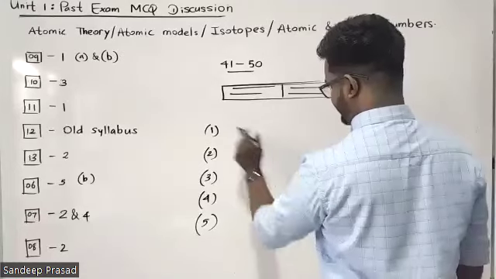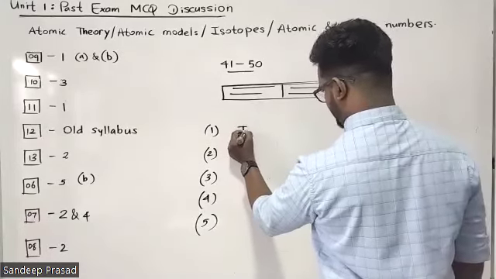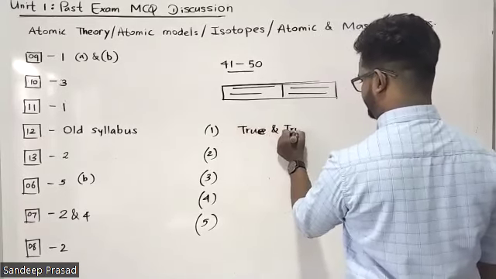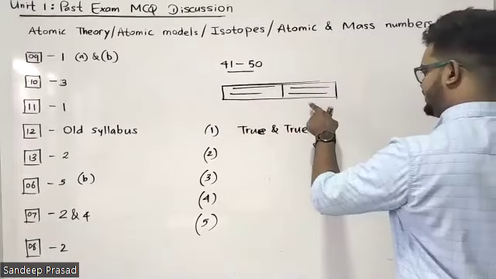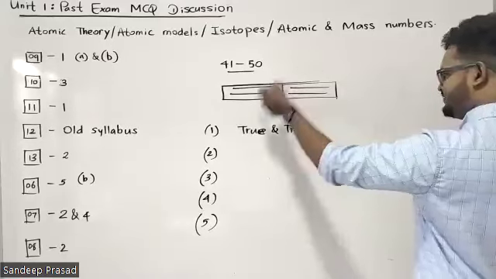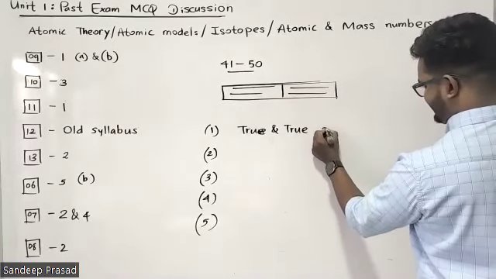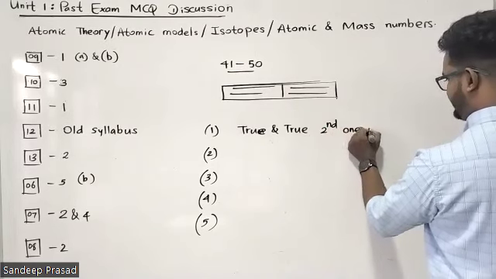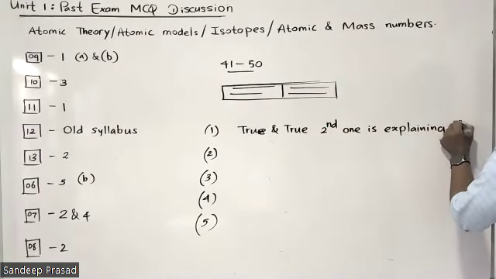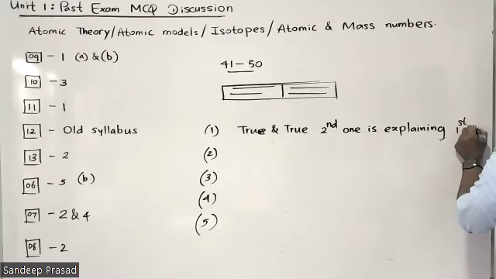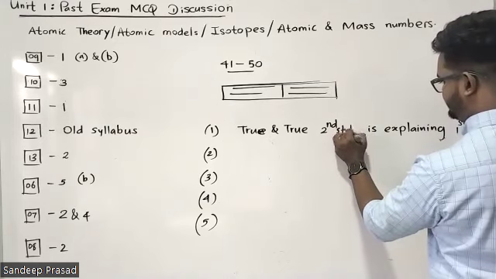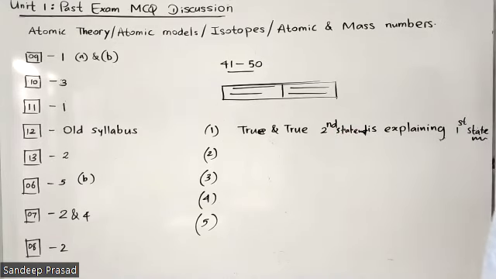The first statement is true, and the second statement is also true. Remember, if you want to choose answer number 1, the second statement should be explaining the first statement.